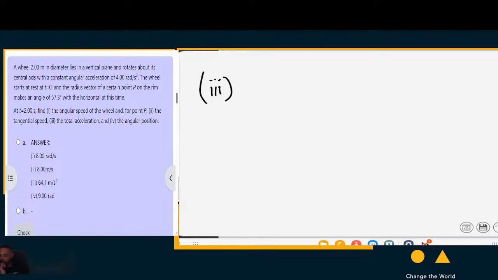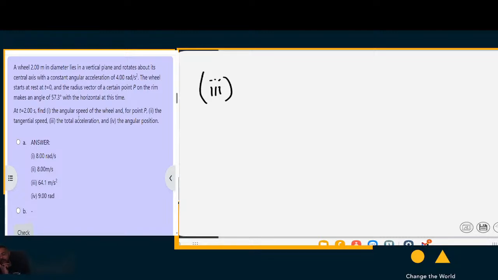Let me see the best way to explain this. The centripetal acceleration and the tangential acceleration after time t.